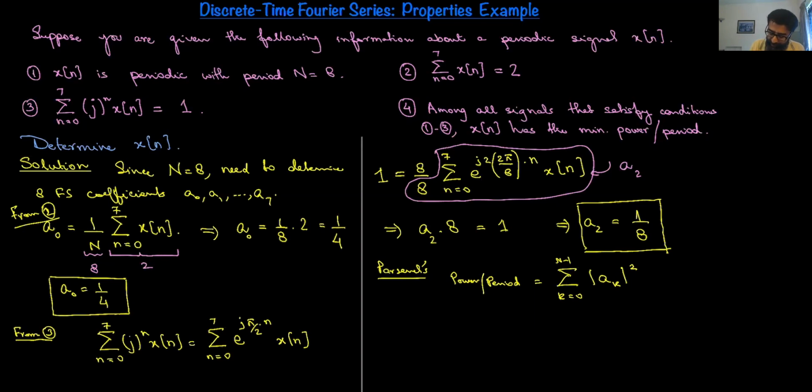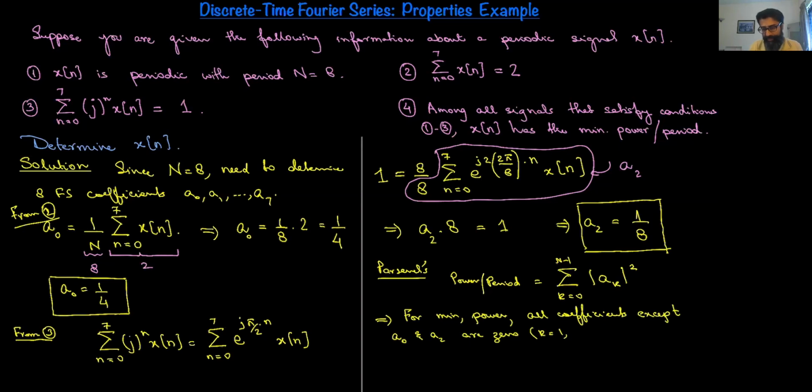So this implies that for minimum power, all coefficients except the ones that were already determined, A0 and A2, are zeros. And when I say all coefficients, I obviously mean k equals 1, 3, 4, 5, 6, and 7. I'm not talking about minus infinity to plus infinity, only one period.